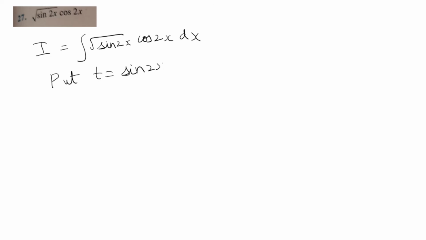So let us take I is equal to integral root sin 2x cos 2x dx. This is easy. We can put sin 2x as t, then cos 2x dx will be dt by 2 because 2 cos 2x dx is equal to dt.